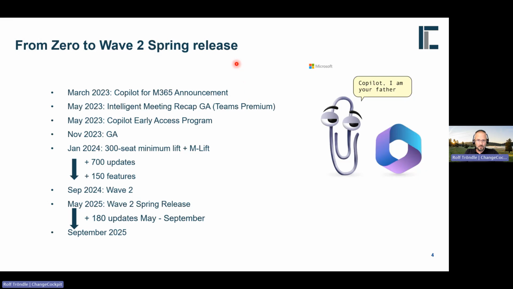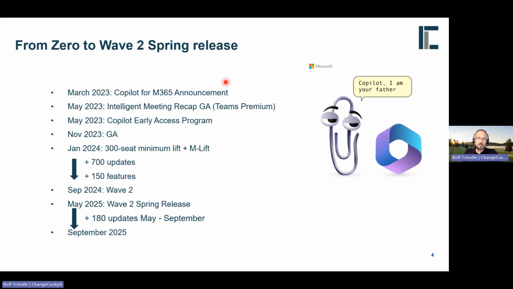So first one, from zero to wave 2, spring release back in March 2023, sorry for that. So 2.5 years ago, Copilot for Microsoft 365 was originally announced. Then afterwards in May, they released Intelligent Meeting Recap, which was part of Teams Premium.